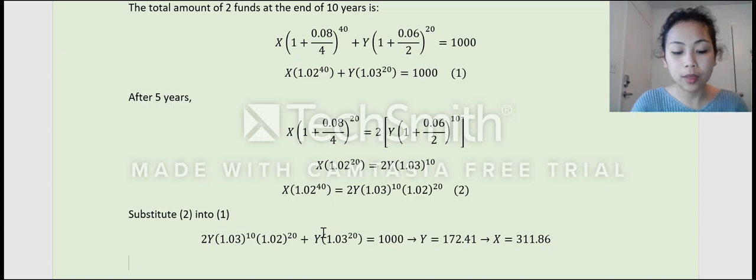Now we find the total amount of the funds after 2 years.